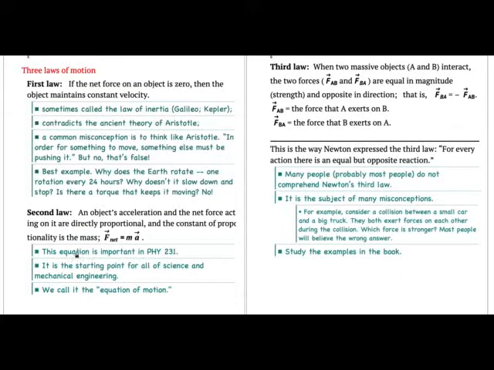This will be the equation of most importance in Physics 231. In fact, this is the starting point for all of science and mechanical engineering. Modern science, we live in a scientific age following the scientific revolution of 300 or 400 years ago.